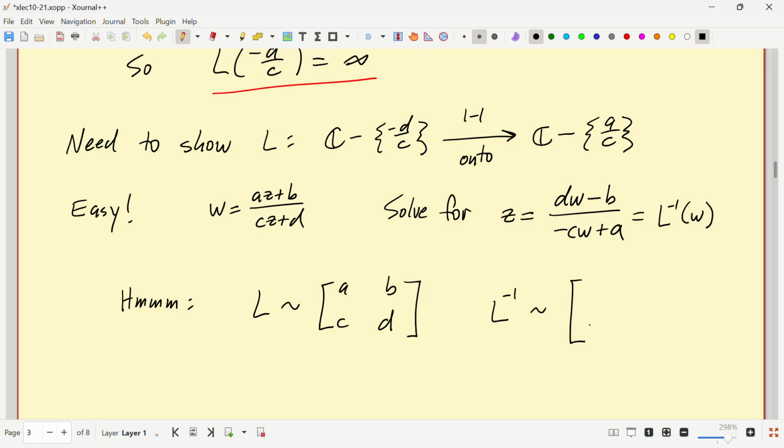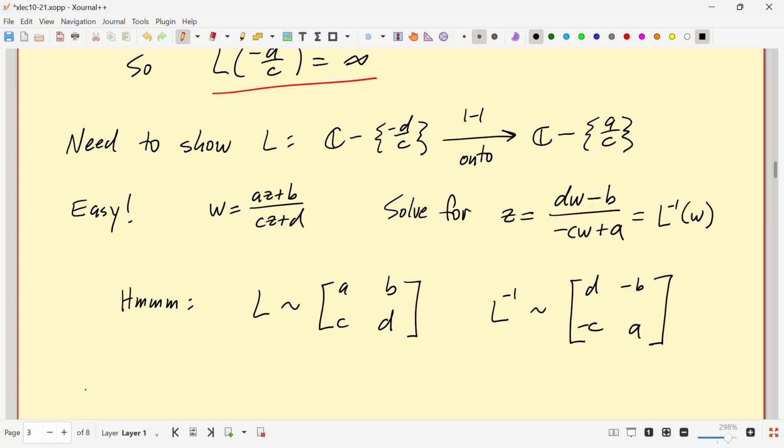This should look familiar. I switch A with D, so I get a D here and an A here, and I put minuses in the other spot. That should feel familiar. That's like taking the inverse of a 2x2 matrix. The one missing thing is I'm not dividing by the determinant.